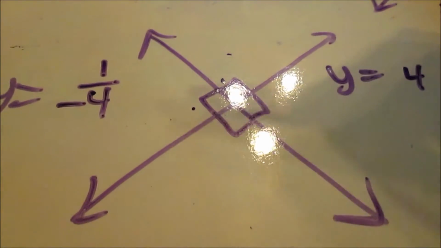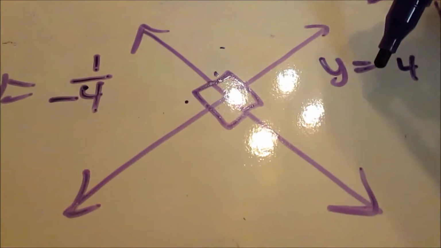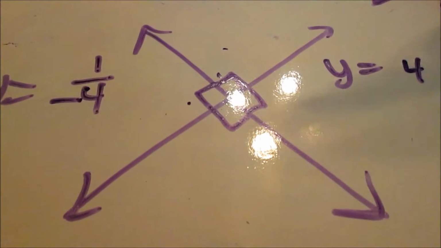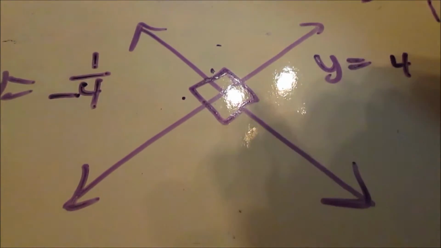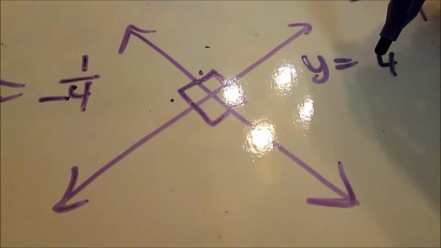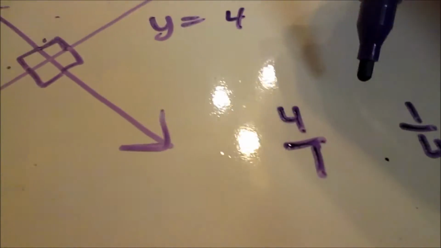Some use the terminology negative reciprocal. I just like using opposites because I know positive and negative are opposites. Conceptually, that is. It may not be the precise mathematical term, but I just like to think of it that way, opposites. And the reciprocal part, so take 4 over 1, and flip it, and it becomes 1 over 4.